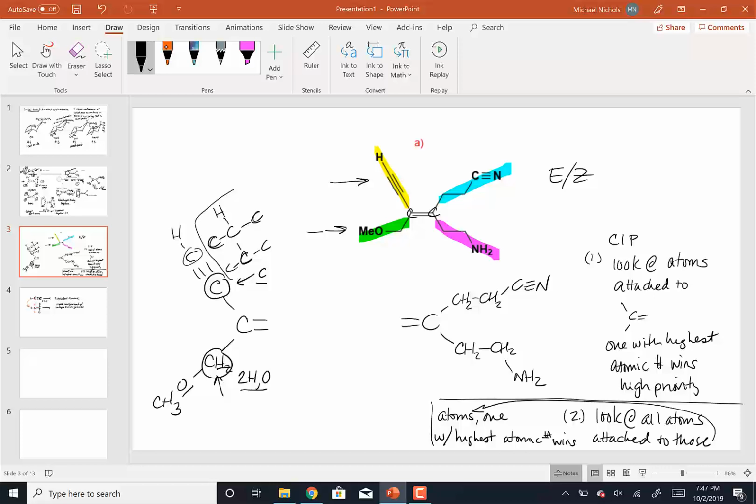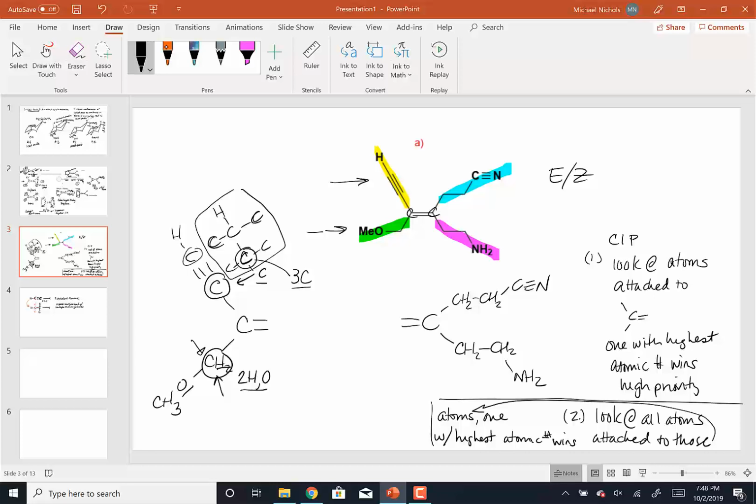So this is the equivalent structure that I'm now going to compare down here to this carbon. This carbon had 2 H's and an O. What does this carbon have? 3 C's. I'm going to go back to the equivalent structures in a moment, but now I have a fair comparison: 3 C's versus 2 H's and an O.